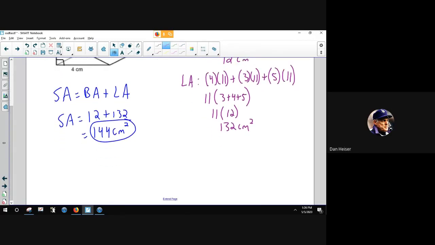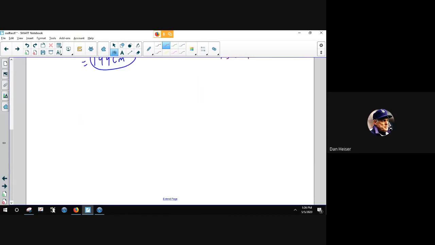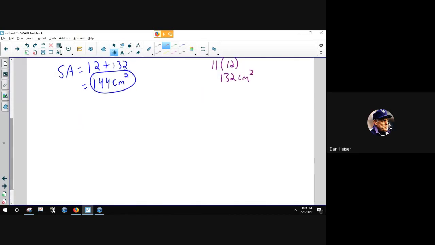So, again, those of you that are looking for a single formula that works for every possible prism, I can't give you that formula because it doesn't exist. Here's the best we can do. For base area, it's 2 times the area of one base.